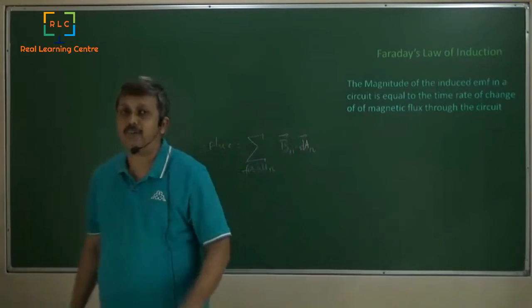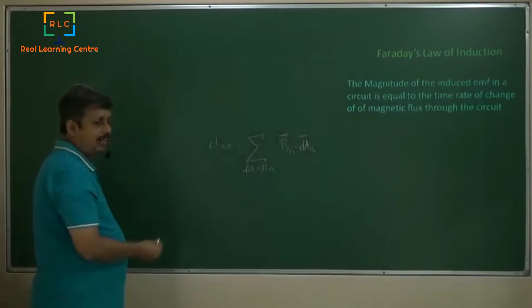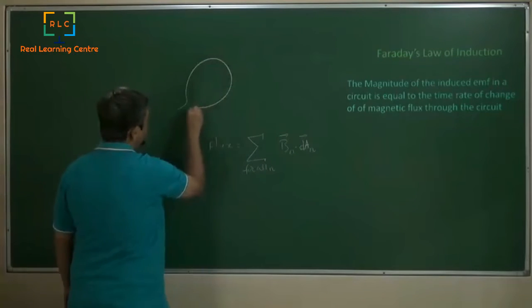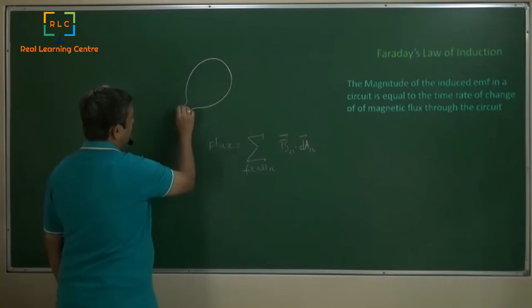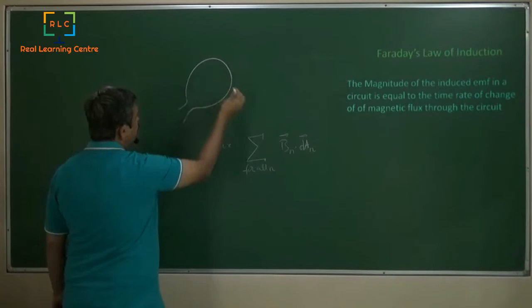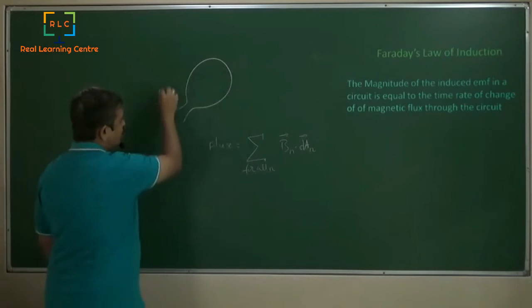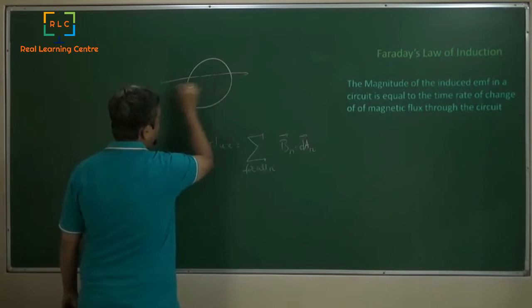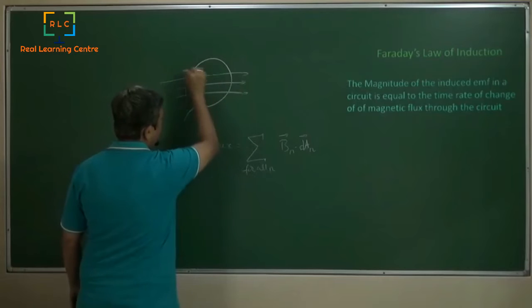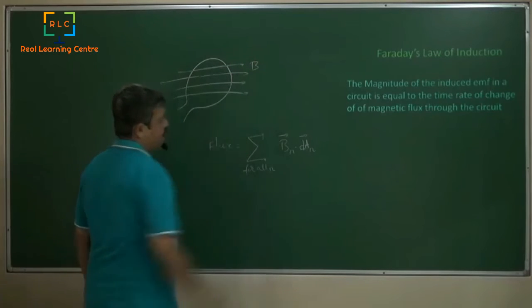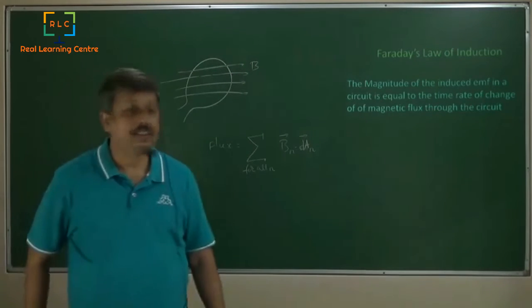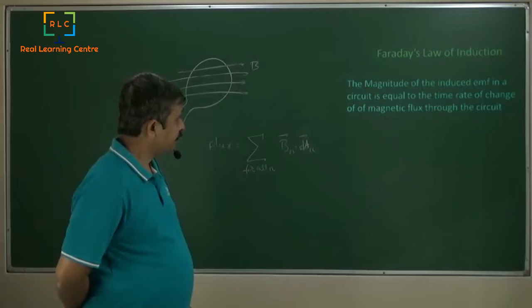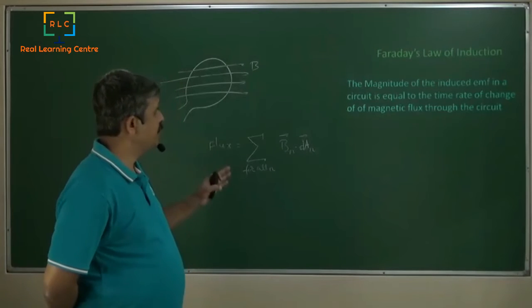Any circuit you have, let's say you take a wire and make a circuit like this. If there is a magnetic field B going through it, he says what matters is how much that B is varying.